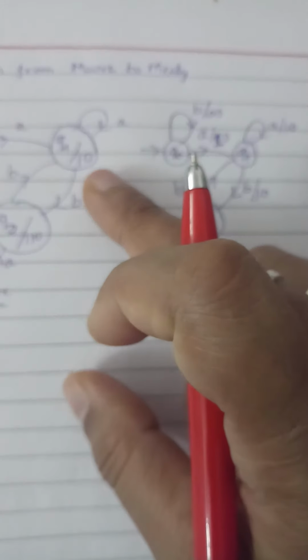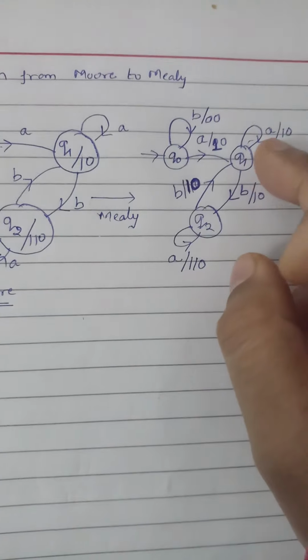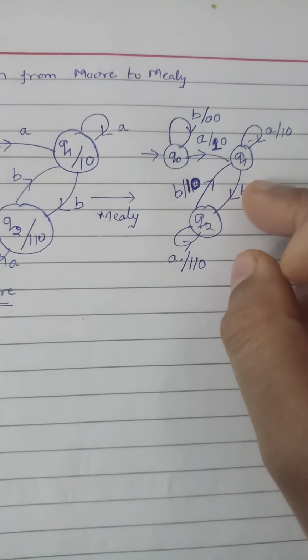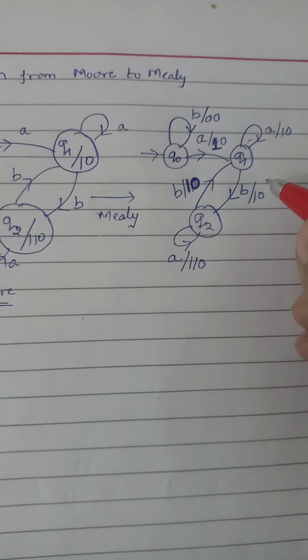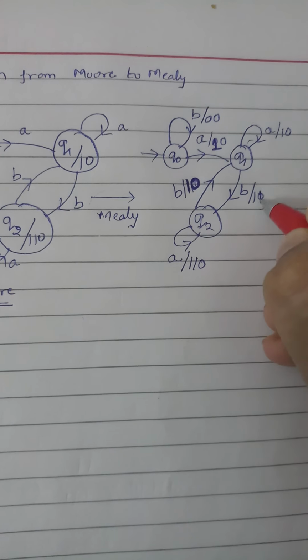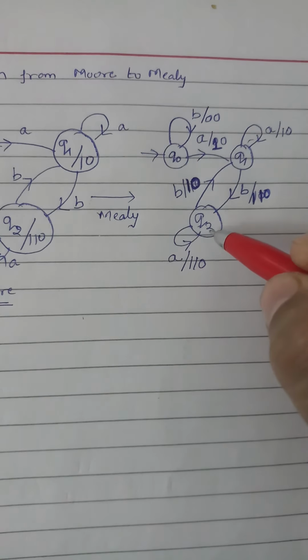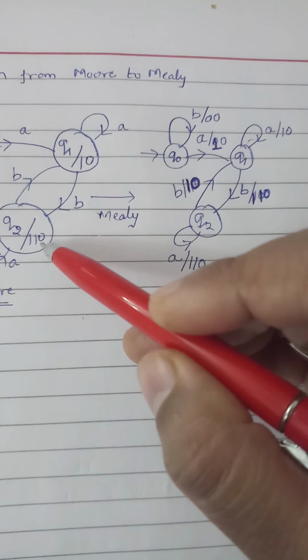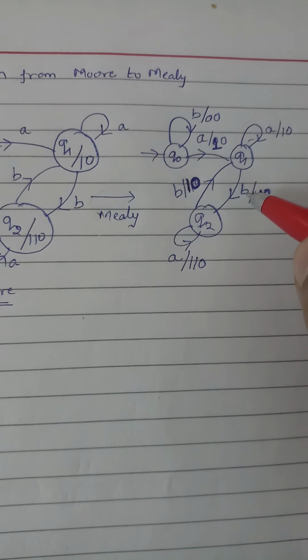Now we make a transition from Q1 to Q2 on B with 110 output. Why? Because at Q2 in the Moore machine the output is 110.